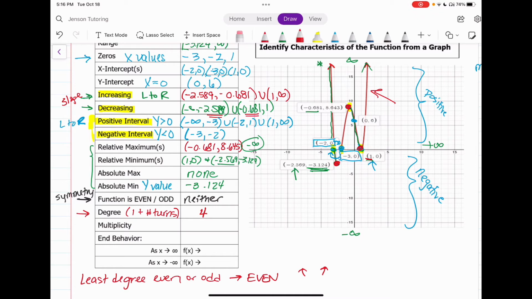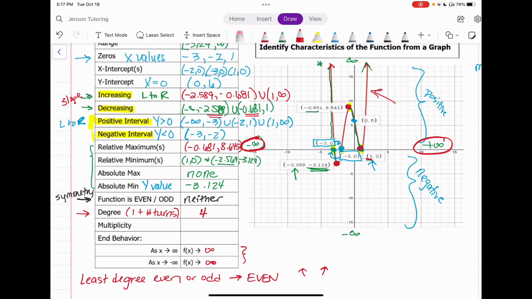So while we're talking about end behavior, let's figure that out down here. As x goes to positive infinity, over here, f of x, or y, also goes to positive infinity. And as x goes toward the left side of the graph, negative infinity, y still goes to positive infinity. So anytime the leading exponent, the highest degree exponent, is even, these will always go in the same direction.